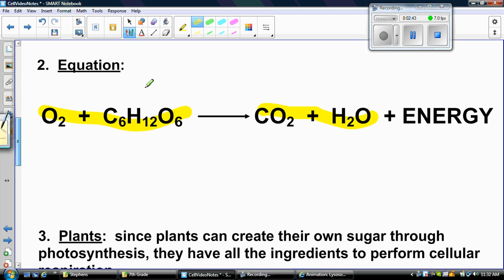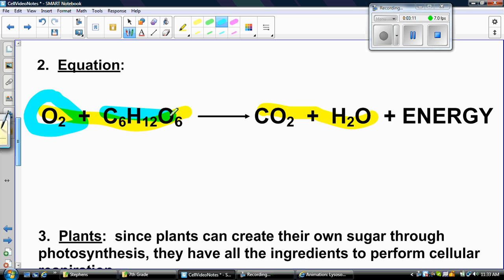So if we take a look at cellular respiration, animals breathe in oxygen, O2. We also take in sugar. We get that glucose from our food. Using our digestive system, we take in glucose from food, and that gets put into our cells.